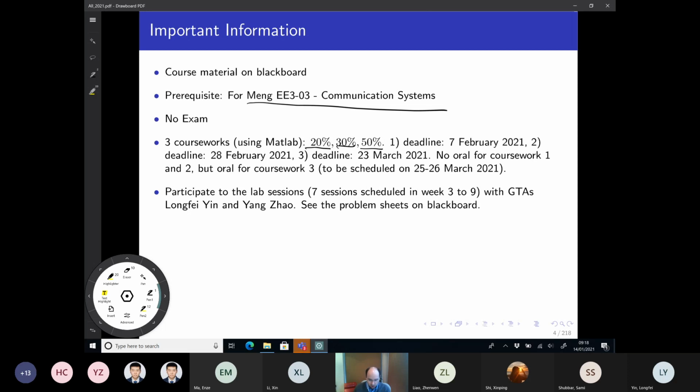What we cover here is not treated from an array processing perspective. It's closer to, I would say, MIMO communication theory, as it's used in 4G and 5G, in research in the past 10, 15 years. So the two modules are complementary, but the way they are presented and the emphasis are quite different, and the skills you develop are also quite different.